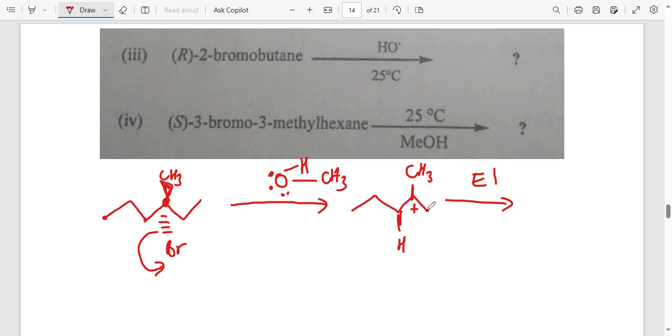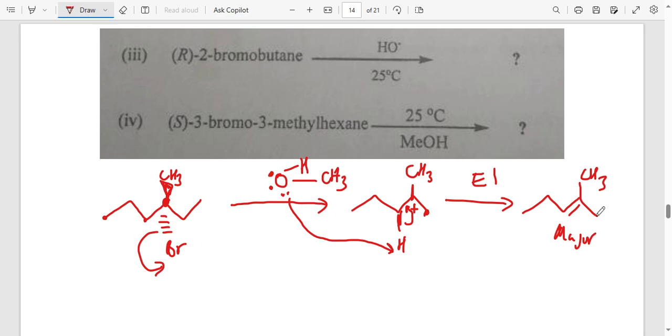Instead of grabbing a hydrogen from here, you always grab a hydrogen better from the group that is more substituted. So the bond here breaks like that and forms our double bond. I've got a methyl at this point, we have our double bond. This will be the major product.